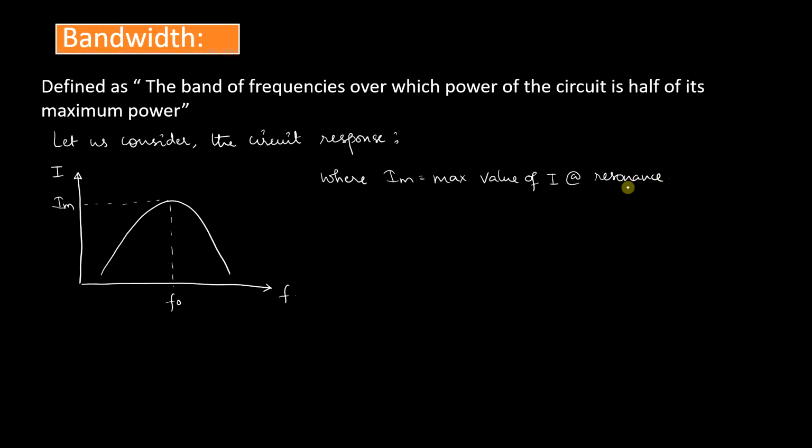Now if you look at this particular response, or for that matter any output response of a circuit which is frequency dependent, it will have certain limitations. The limitation is that there are at least two frequencies where the current will be equal to the RMS value.